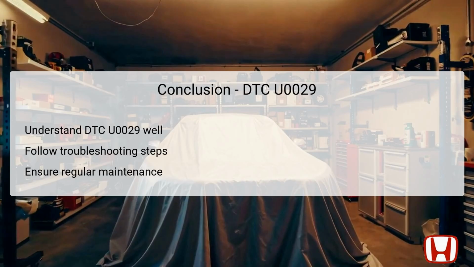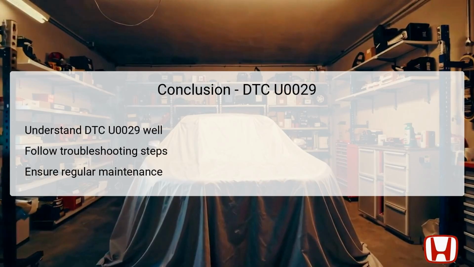In summary, understanding DTC U0029 and its implications is paramount for owners of the Honda Accord from 2008 to 2012. The troubleshooting steps outlined represent a systematic approach toward identifying and rectifying the communication failure between the ECM and PCM caused by a FAT CAN malfunction.